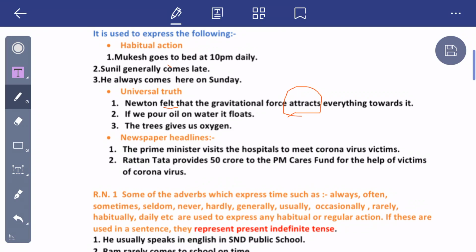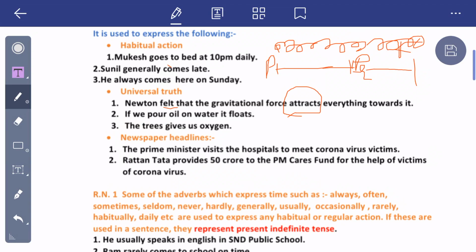Okay, beta, I will make you understand this with this. Look here. Suppose this is past, here it is present, and it is future. So what does present indefinite say? Present indefinite says suppose any action took place in the past, that action is also taking place in the present, and that action will also take place in the future in the same sequence.